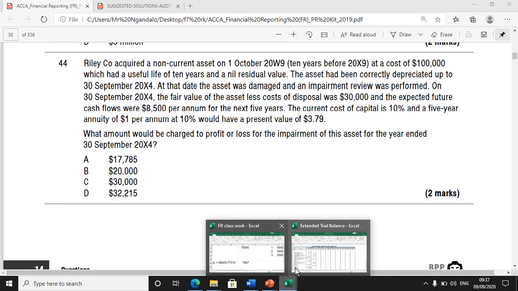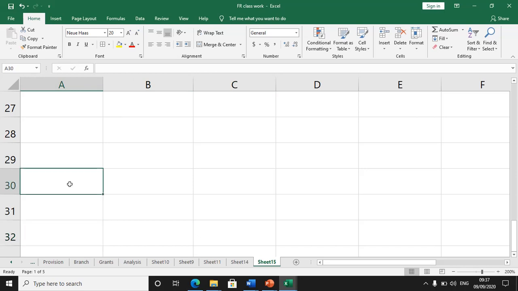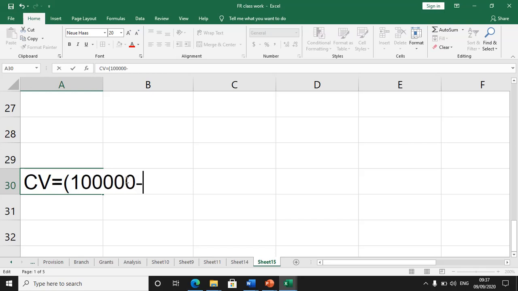I think the major work here is to establish the CV. So the CV in this case will be, you remember there was 100,000. So CV will be equal to 100,000 less 100,000 itself divided by 5 years, multiplied by 5, and automatically we should be running with 50,000.